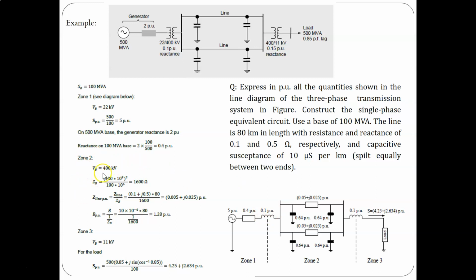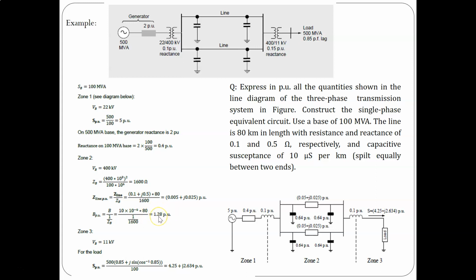For zone 2, we choose the standard voltage base of 400 kV, and the impedance base can be calculated based on the equation shown earlier, the voltage squared divided by the MVA base for the line. From this you can get the line values in per unit, and you can also calculate the total susceptance value for each line.